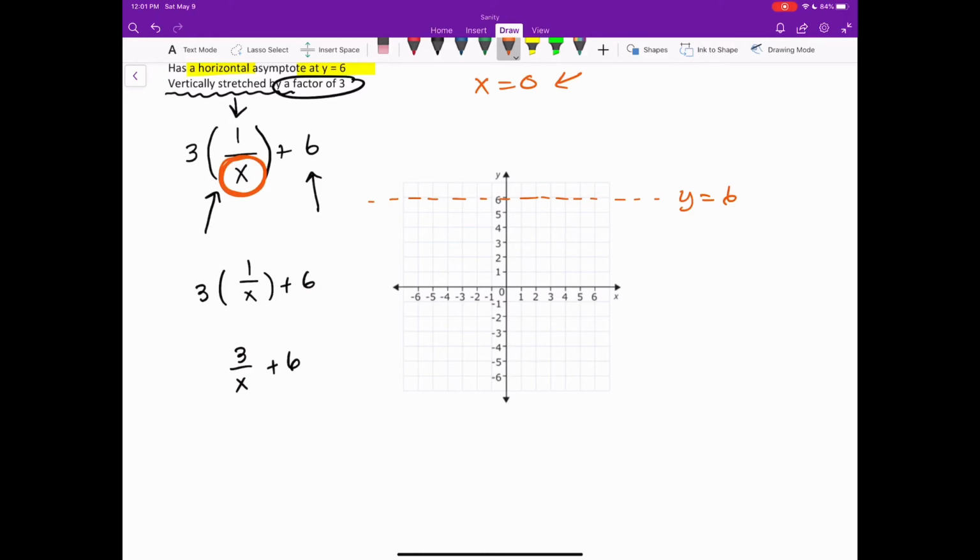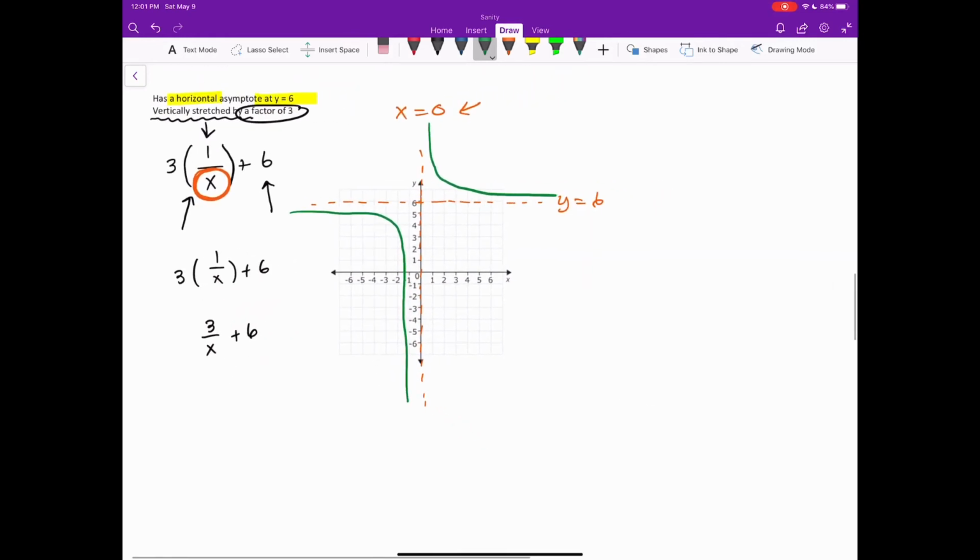I'm still going to have a vertical asymptote at 0 because even though there's nothing down there, you still can't divide by 0. You have to check for that vertical asymptote. And then stretching it by a factor of 3, I'm just going to try and draw it a little bit stretched out. That looks a little stretched out. Anyway, it's just a sketch. We got a rough idea of it.